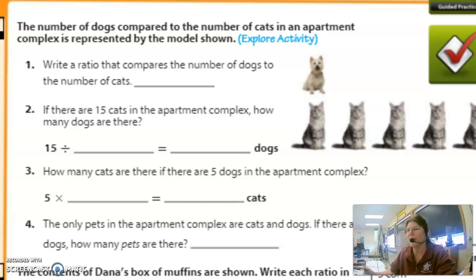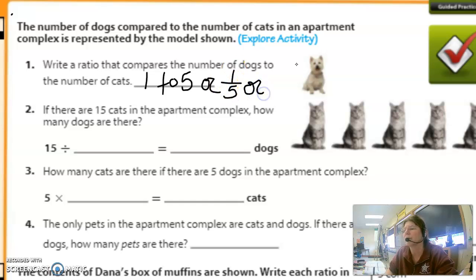Well, how many dogs do you have? You have one. And how many cats do you have? You have 1, 2, 3, 4, 5. So you would say 1 to 5, or 1 over 5, or 1 colon 5.